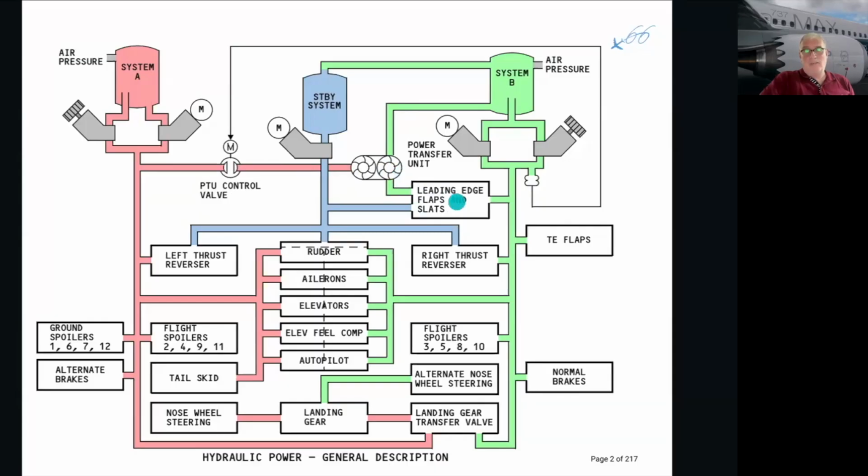That's its sole purpose in life. If you have a Boeing wide body, they call them the left, right, and center, and Airbus usually use colors: yellow, green, blue. These guys use system A, system B, and standby.